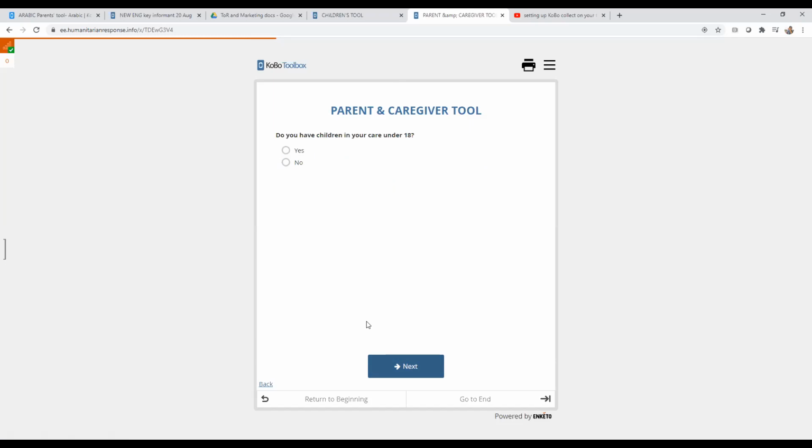Then, talking about the parent and caregiver tool, the next question is: do you have children in your care under 18? Yes or no? If so, how many boys are under 18? One. How many girls are under 18? Maybe four. What if they have one girl and no boys?